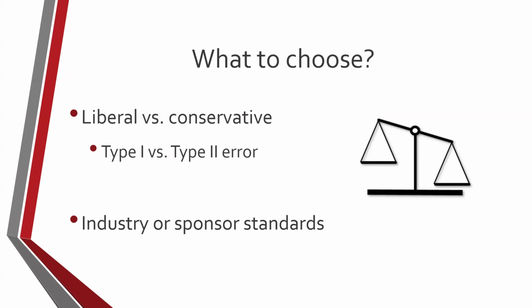If everyone in this industry runs Tukey's, or it seems like everything published is running SNK, that might be a good starting point. Or if you're doing contracted research, the study sponsor might request a specific test and an alpha level. Then that's very simple. We'll just follow their guidelines and what they want to see being run.